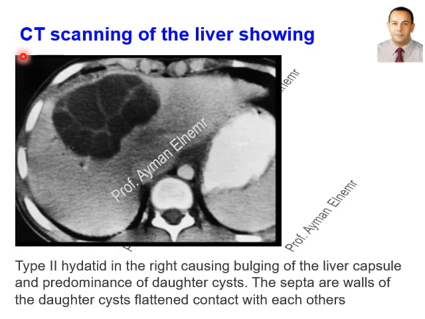This slide shows CT scanning of the liver with type 2 hydatid cyst on the right, causing bulging of the liver capsule and predominant daughter cysts. The septa are the walls of the daughter cysts flattened by contact of the cysts with each other.